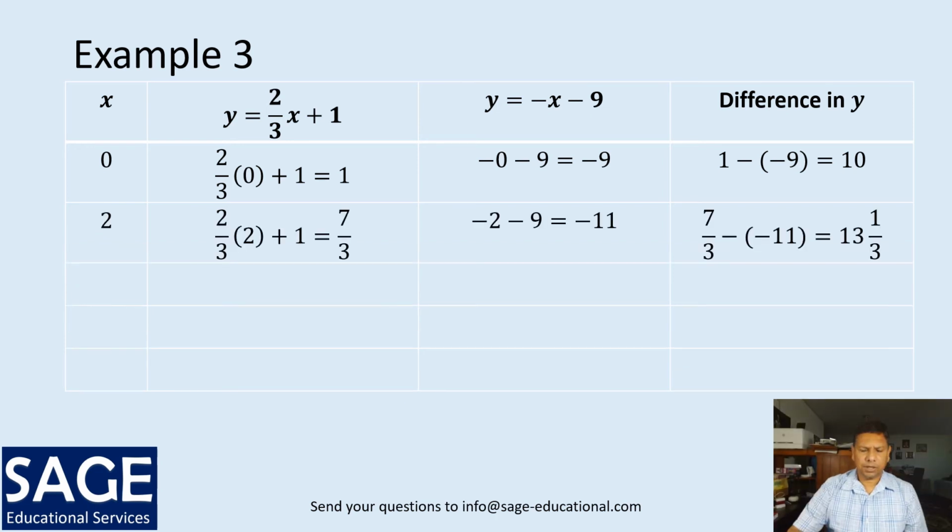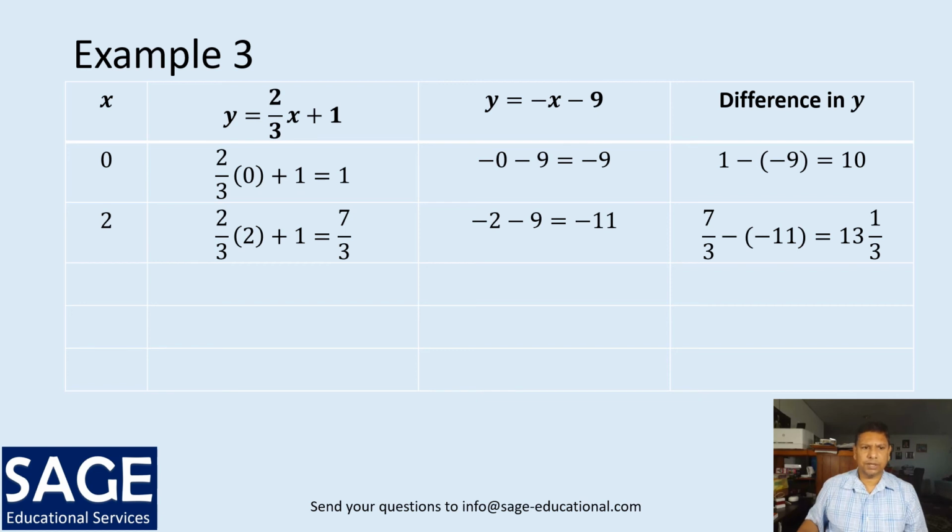Now when we substitute x is equal to 2, what we find is the first equation gives 7 over 3, second equation gives negative 11, and the difference is 13 and 1/3. So instead of getting closer to 0, what has happened is we've actually moved away from 0. So now instead of increasing the values of x from 0, what we would do is decrease values of x from 0.